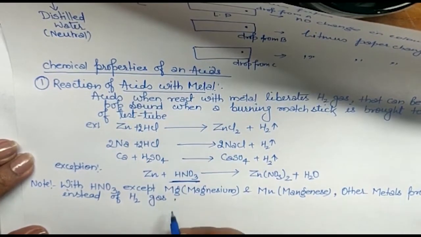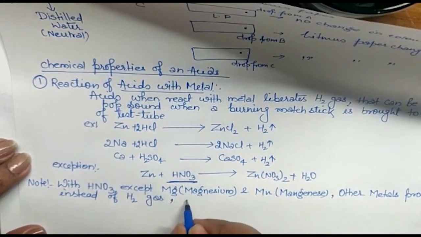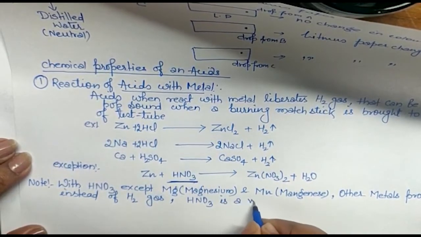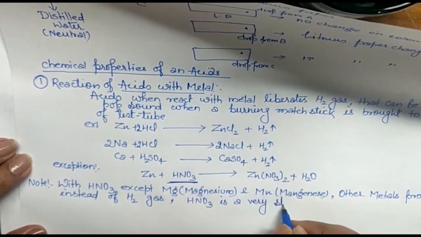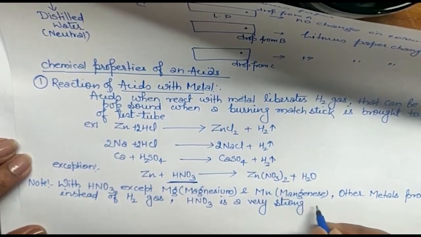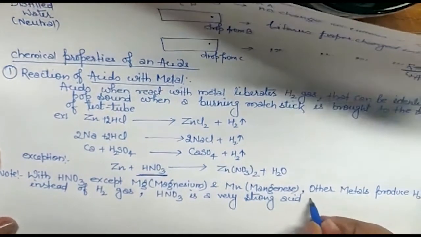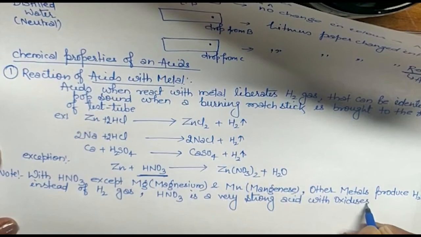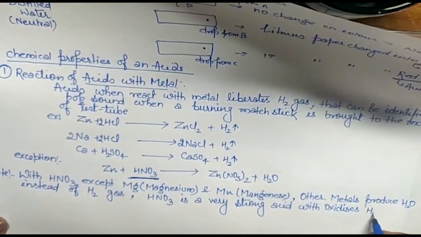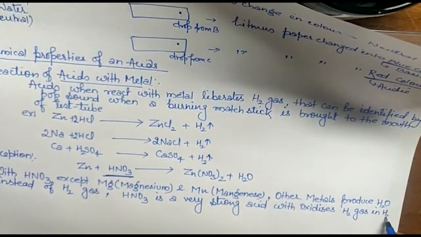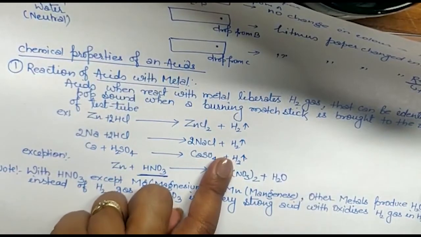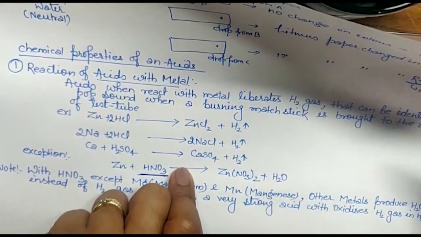So actually, the reason behind it is HNO3 is a strong acid, a very strong acid, which oxidizes H2 gas into H2O. Got it? That means whatever H2 forms, this HNO3 oxidizes it into H2O.